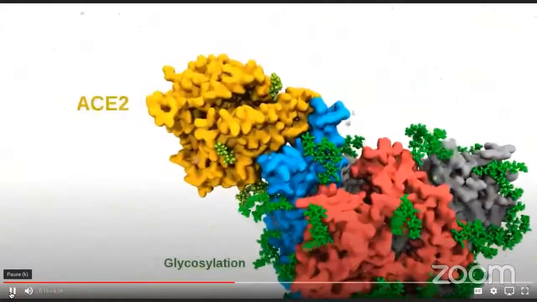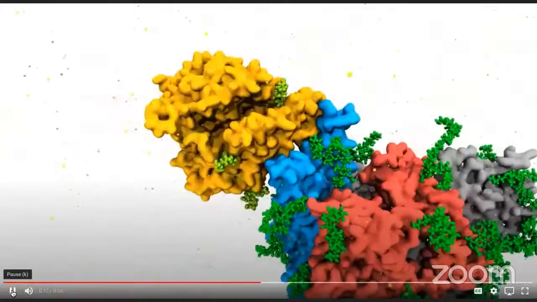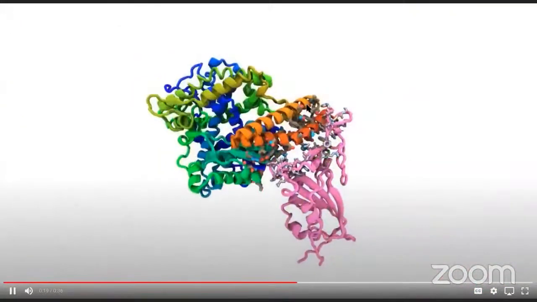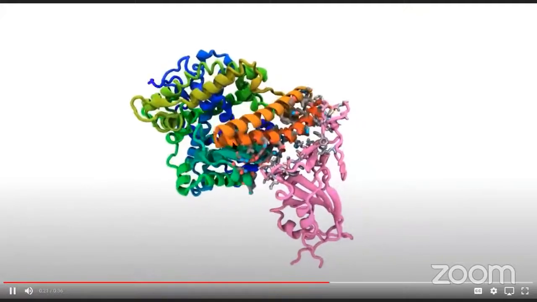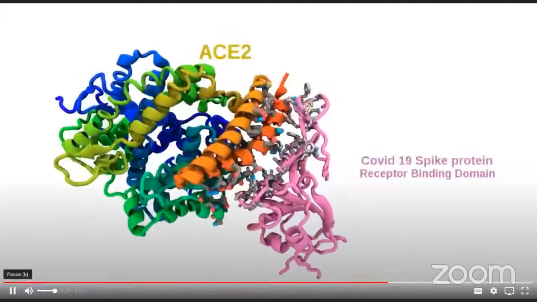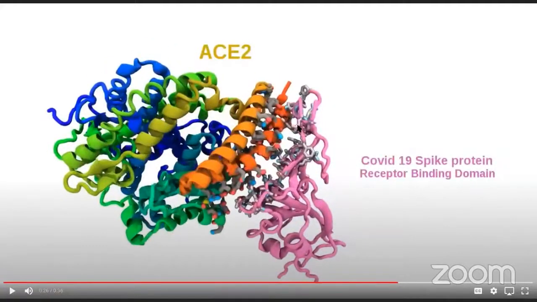But what you are actually looking at is that underneath those surfaces, this pink portion is interacting with this top portion of the human ACE2. Here you will see that the pink portion has certain amino acids which are at the interface and interacting with ACE2.